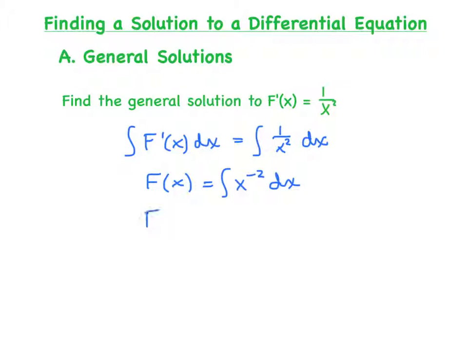And so now I say f of x is equal to x to the, add 1 to negative 2, and you get negative 1, divided by negative 1, or I'm just going to put a negative out front, plus c. Okay, and of course you could rewrite that one last time as negative 1 over x plus c. So that is my general solution, and it's general because of this plus c.